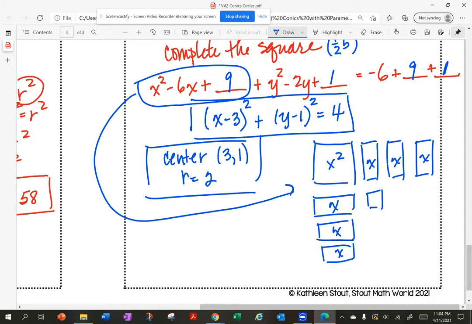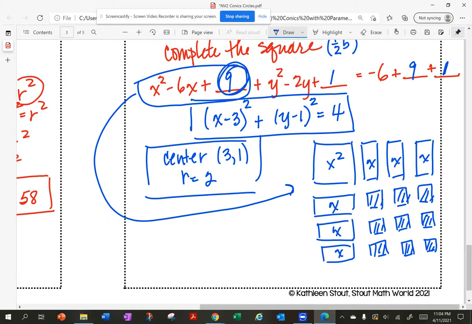If I was filling these in, I would have 1, 2, 3, 4, 5, 6, 7, 8, 9. So I would need 9 of the constant to complete the square, to make this shape a square. So that's where this 9 is coming from. Do we remember this from Algebra 2? Because that was an Algebra 2 concept.